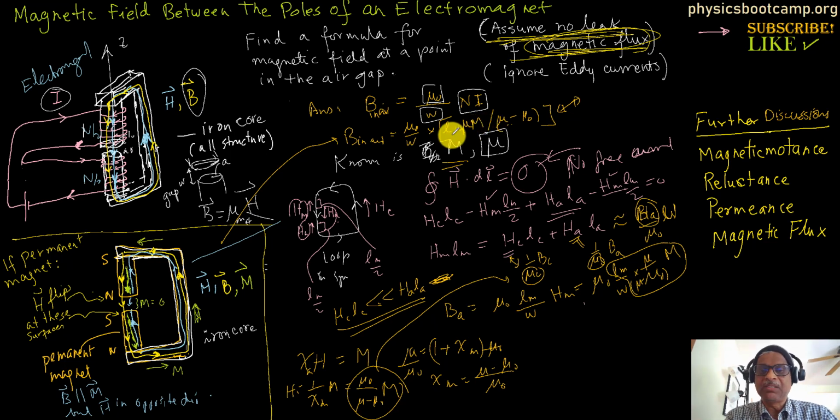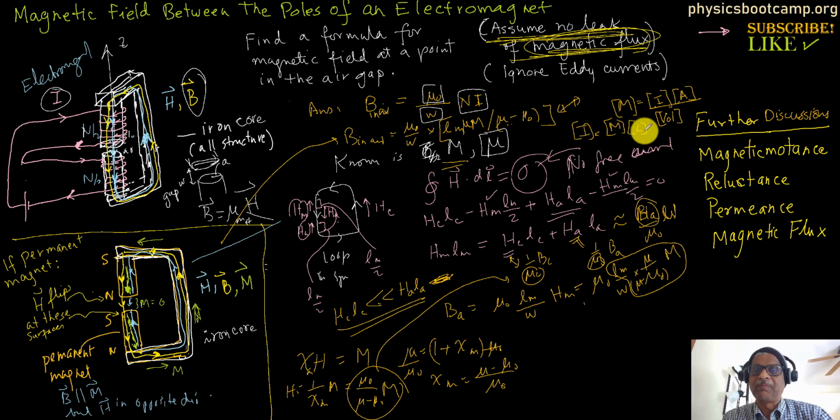So M times L_M. You can see M is the dimension of current times the dimension of area, divided by the volume. And so the current dimension is M times volume over area, which is length, and you can see that this whole thing is M times length.